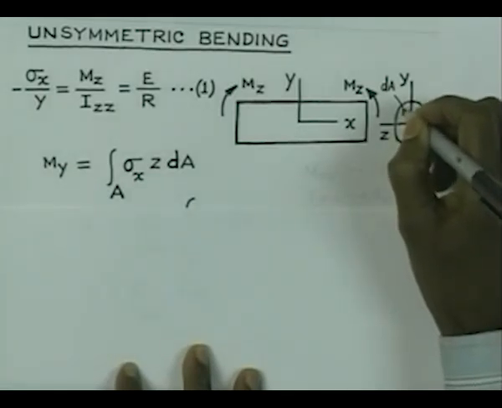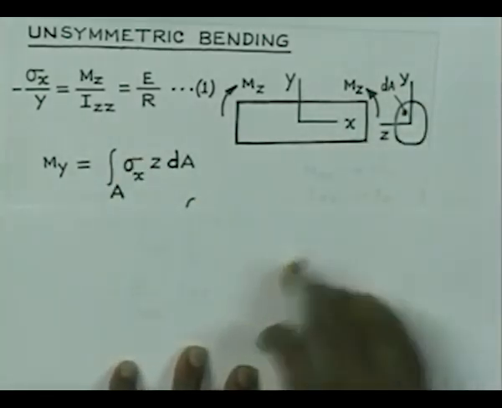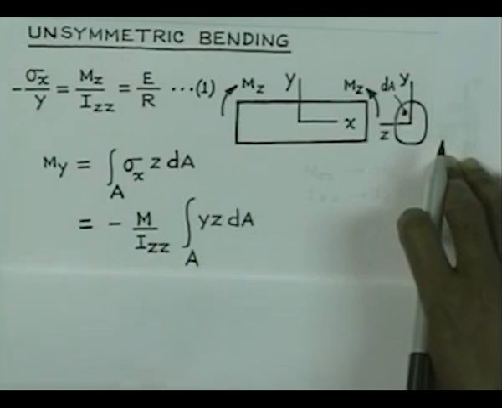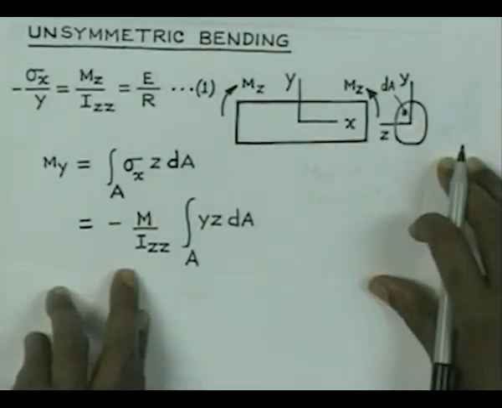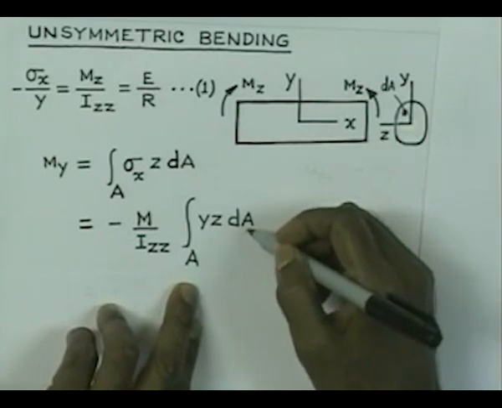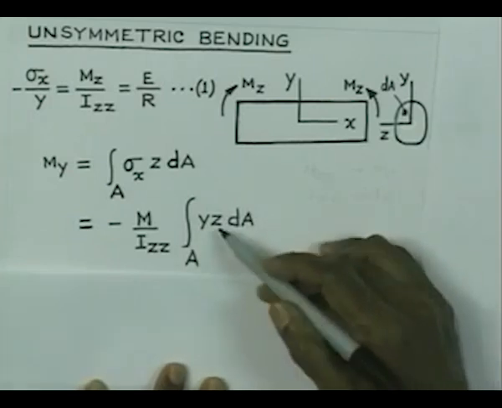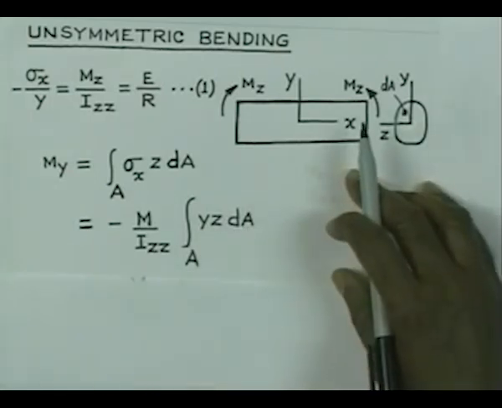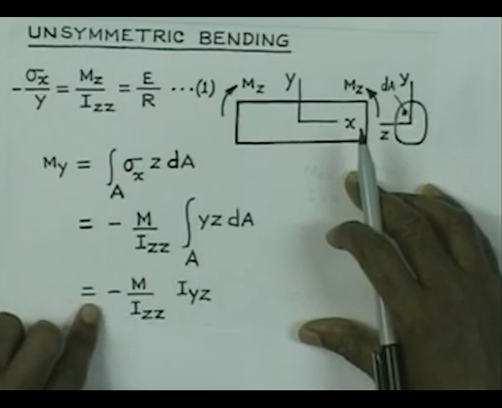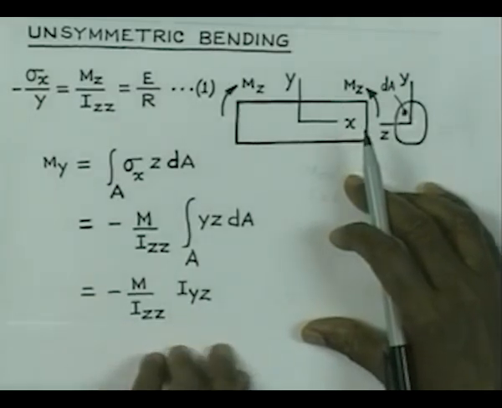Therefore, the force is sigma x into dA, and the moment about the y axis will be z into sigma x into dA. If we integrate, that gives us the moment, and if you do this integration, we get the value M by Izz times the integral of yz dA over the whole area. You can recognize that this particular integration is nothing but the product moment of inertia. So, we can write this as minus M by Izz into Iyz.